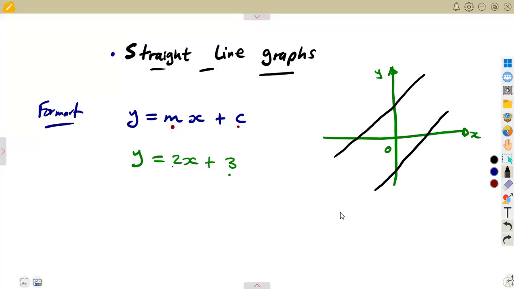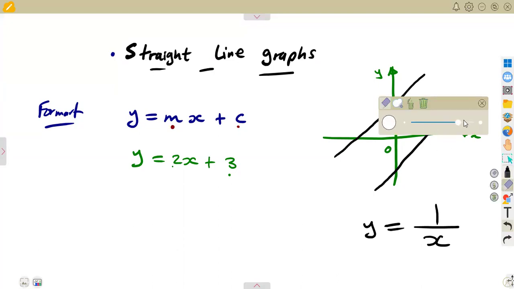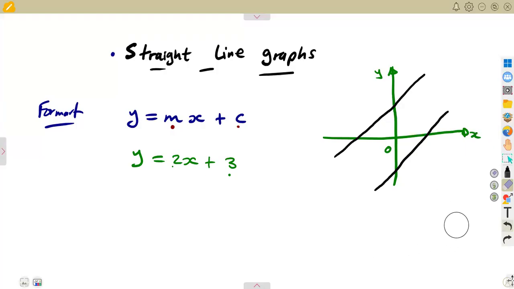Just like linear equations, 2x plus 1 is equal to 3. So for x, it's a linear from the exponent, the power that is affecting x. The highest power is 1. So any equation that you are going to have, as long as it's not a fraction, any equation of y written in terms of x being of the power 1, that equation is going to form a straight line.